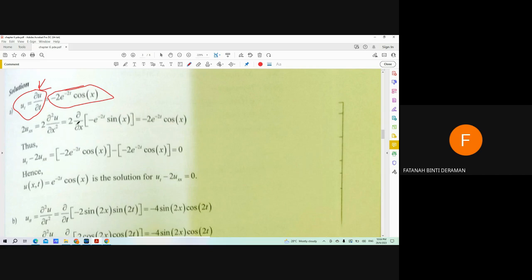So you need to differentiate two times. Okay, the first time you differentiate, you get sin. Because this is with respect to x, this will be a constant, so you just copy it.